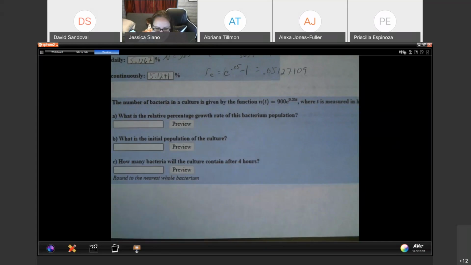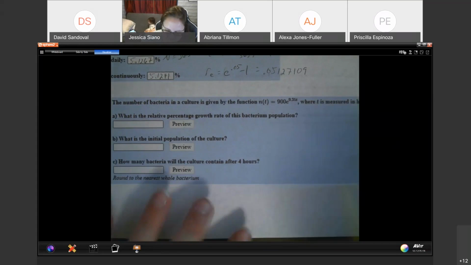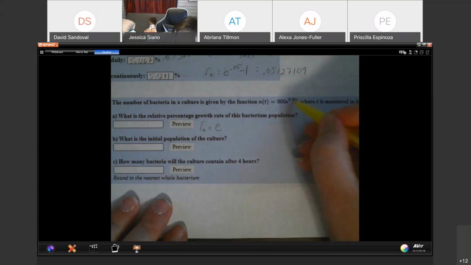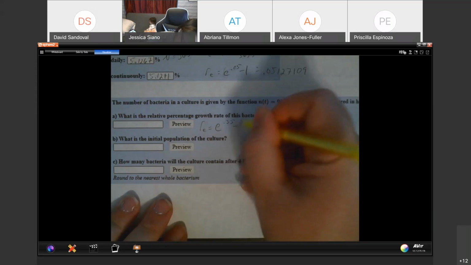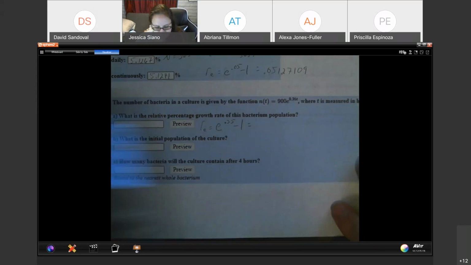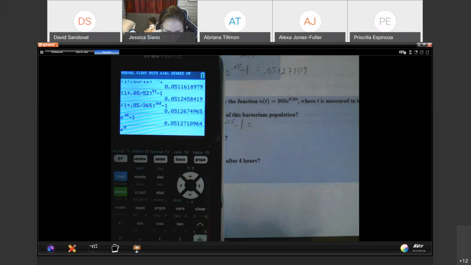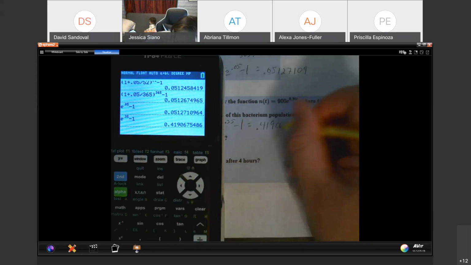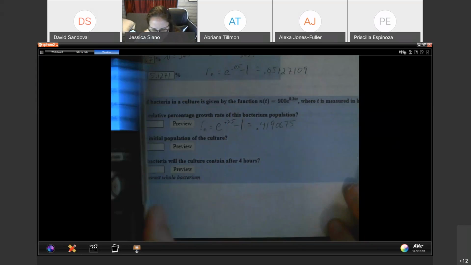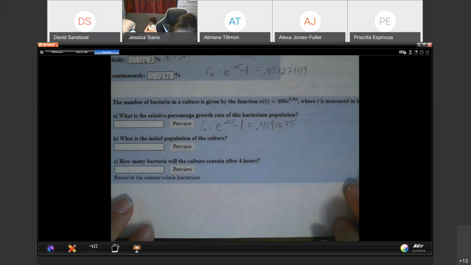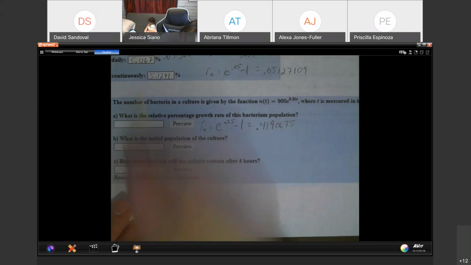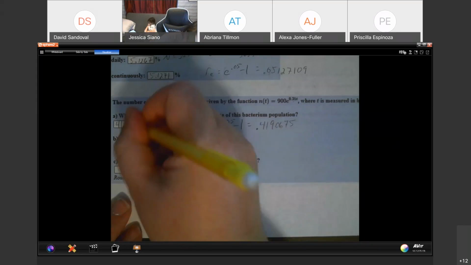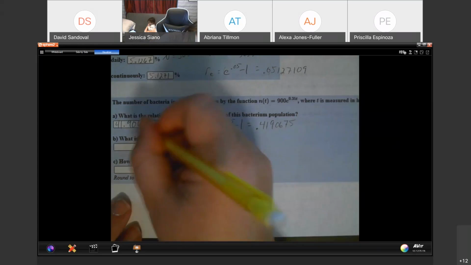So since this is an e formula, it's going to be the r, e to the 0.35 minus 1. So that would be 41.9068%.